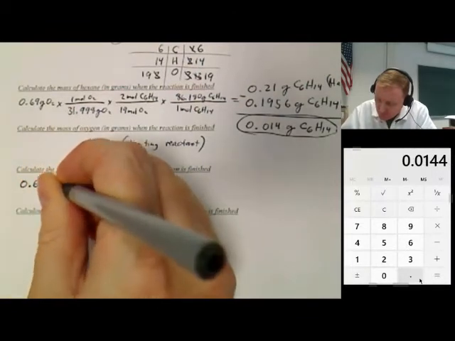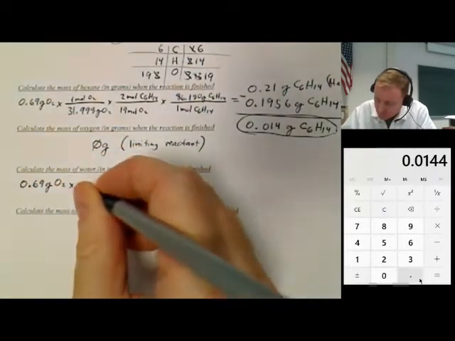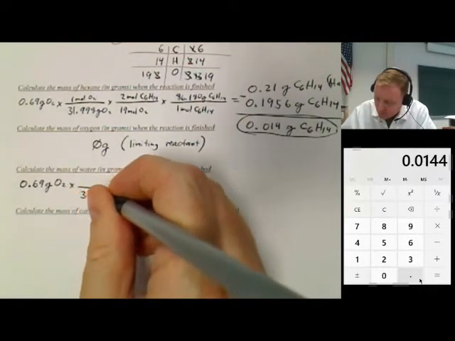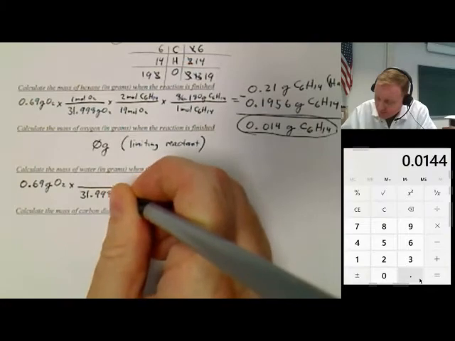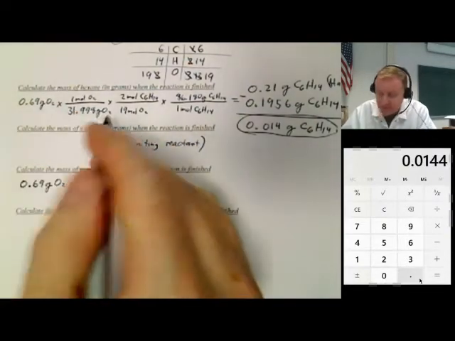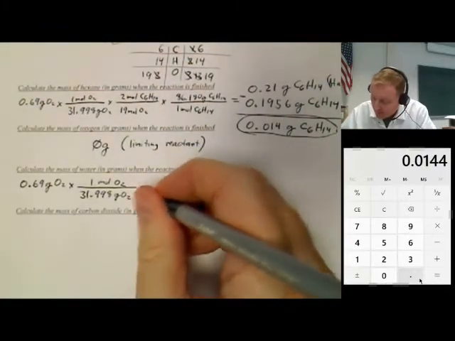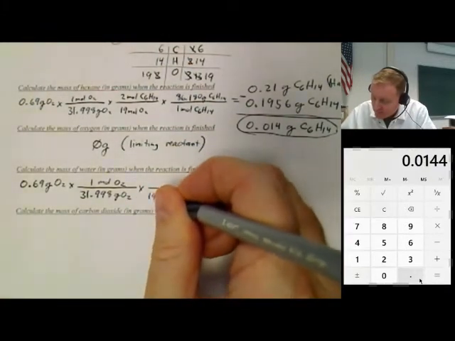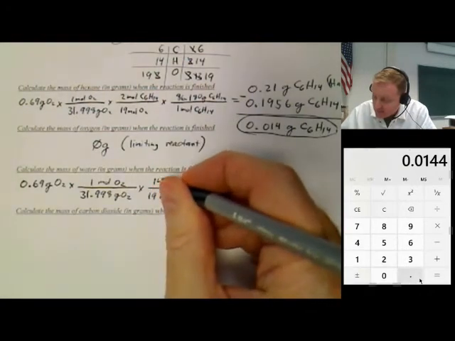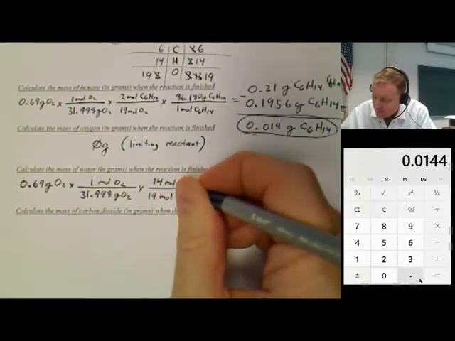0.69 grams of oxygen for every, there's 31.998 grams of oxygen for 1 mole of oxygen, and that's, we already did that. And there's 19 moles of oxygen in that balanced equation for every 14 moles of water.